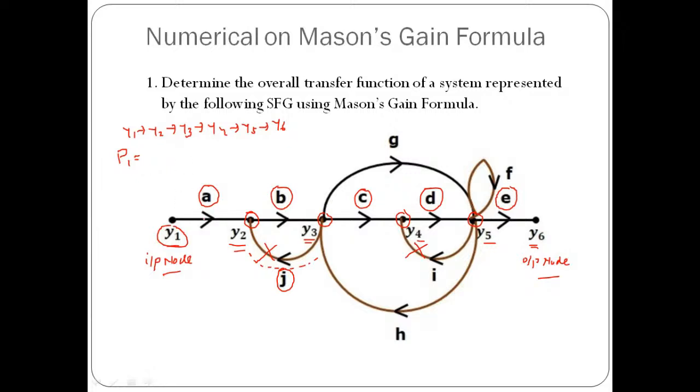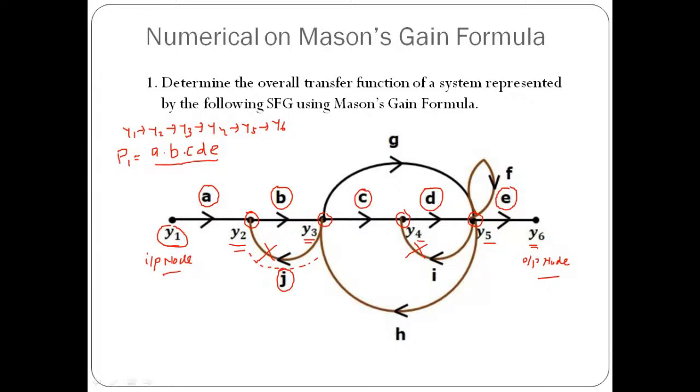So the gain of the branch between y1 and y2 is a, so we take a, multiplied by the gain of the branch between nodes 2 and 3, which is b. In the same way, this will be c, this will be d, and this will be e. So a b c d e will be the gain of the first forward path, which is the value of p1 as far as Mason's gain formula is concerned.